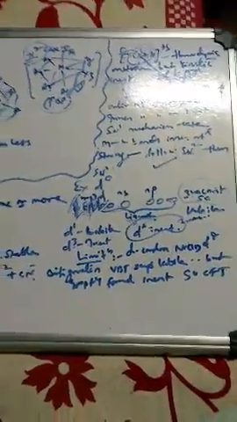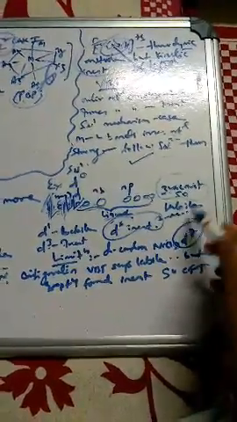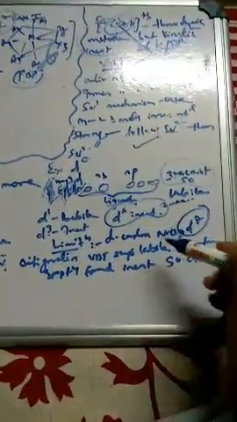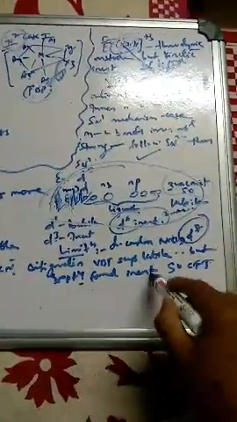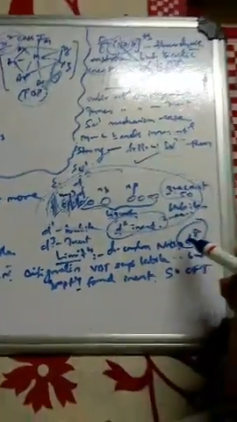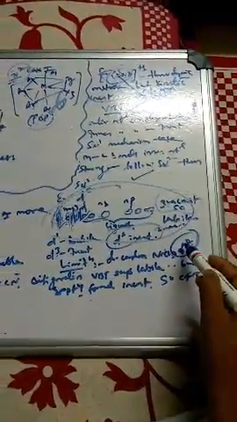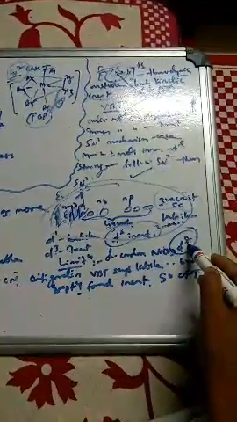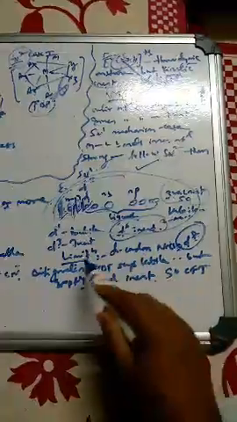But there are some limitations of VBT. Take the complex of nickel 2, a d8 system. VBT says that it is labile, because it uses the inner orbitals along with ns and np, so it should be a labile complex.